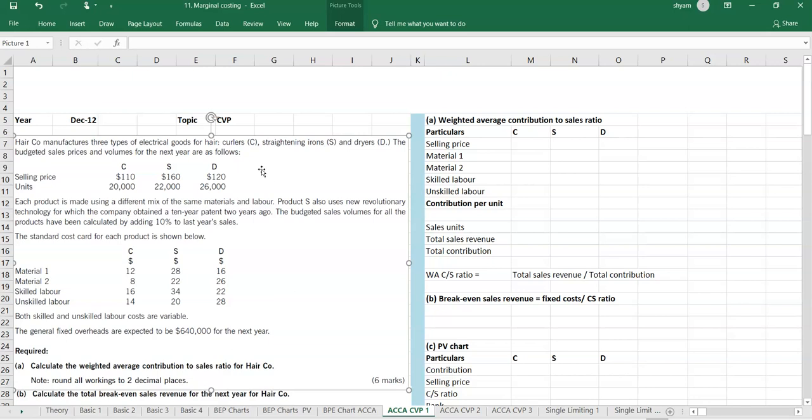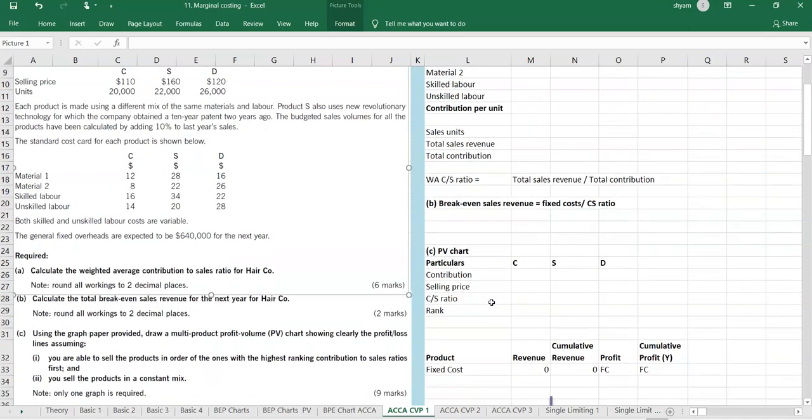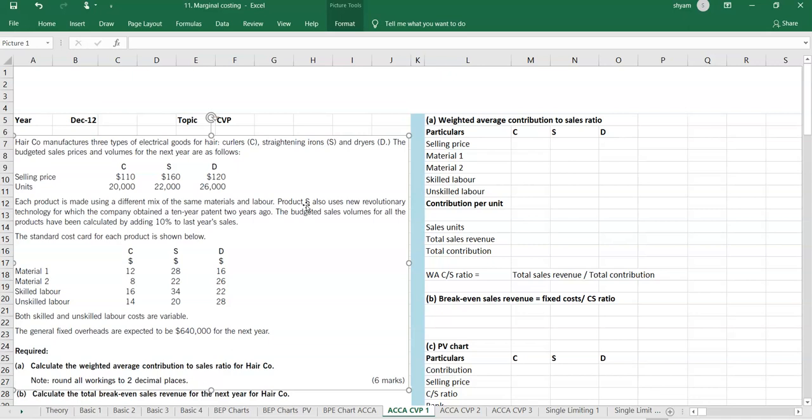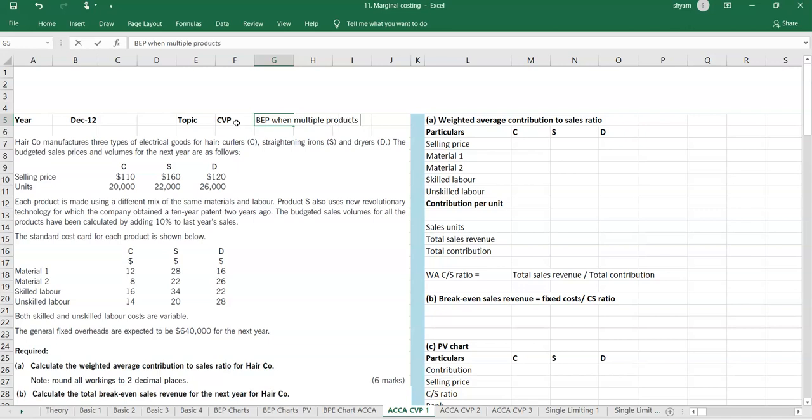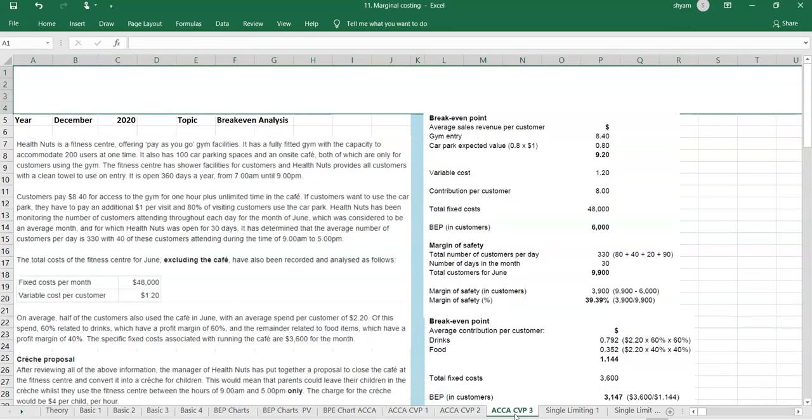So this is called the multiple break-even point, or break-even point when multiple products are given. Okay, so this is a different type of problem. So we have three problems in this. We'll work out all the three.